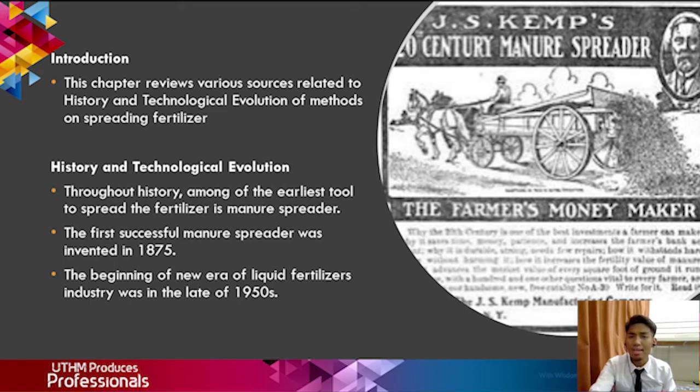The late 1950s marked the start of a new era in the liquid fertilizer business. Furthermore, to properly disperse these fertilizers, a newly designed instrument is required. And besides, to assist the movement of a fluid, many types of pumps are created, for example, centrifugal, diaphragm, and piston pumps.